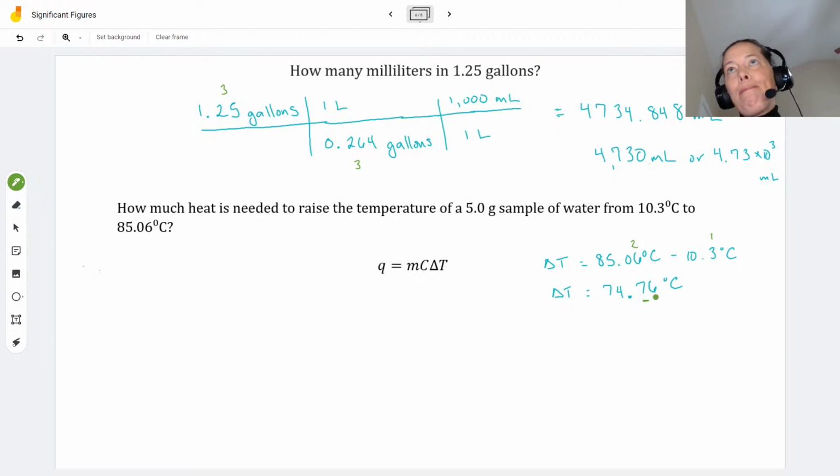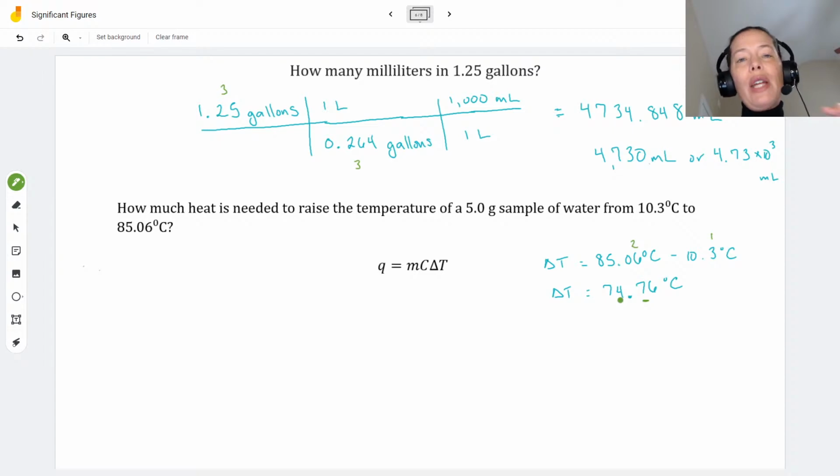Now, because I'm going to take this answer and move forward with it and do more math with it, I'm not actually going to round it yet. I'm just going to put a note. I like to put a little line underneath where I need to round. So that means as I carry it forward, I know how many significant figures it should have, but I'm just carrying the extra digits so I don't introduce rounding error.